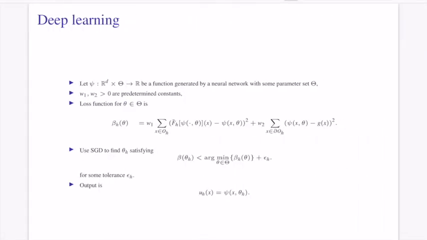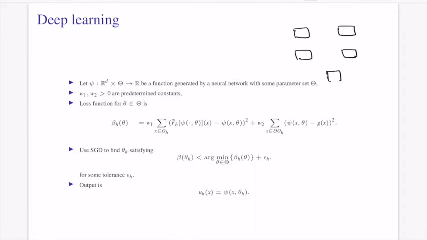In this work, we are going to adapt this MDP to neural networks. Suppose the neural network is given, denoted by psi, and theta is the space of parameters. For the neural network, take the simplest example of two layers, with d equals 1, so the dimension is 1.